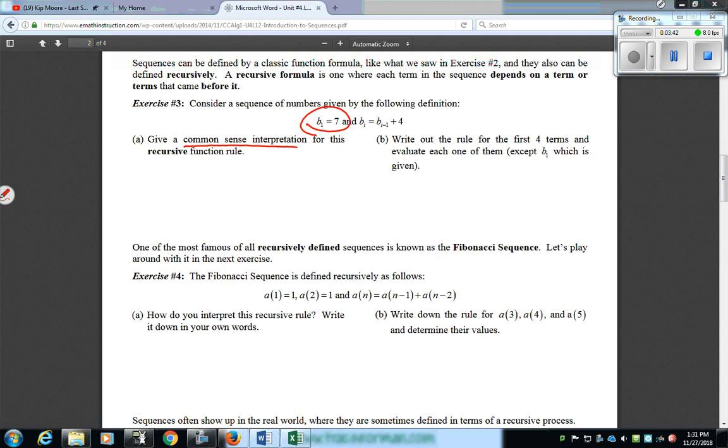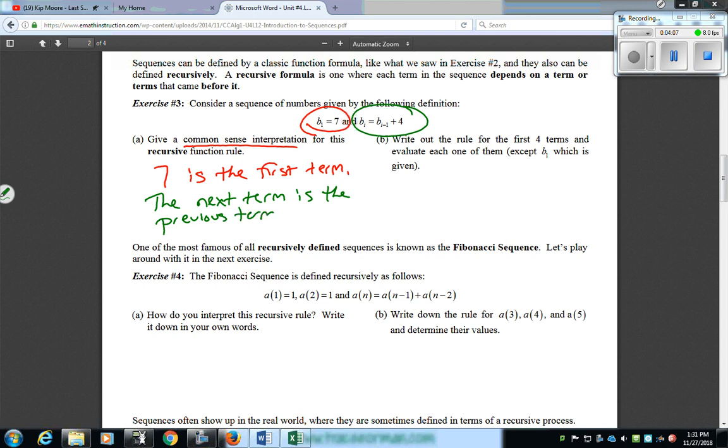This first part means that 7 is the first term. That's what the red circle means. And then this part tells you what you're changing by to get the next term. So the next term is the previous term added to 4.